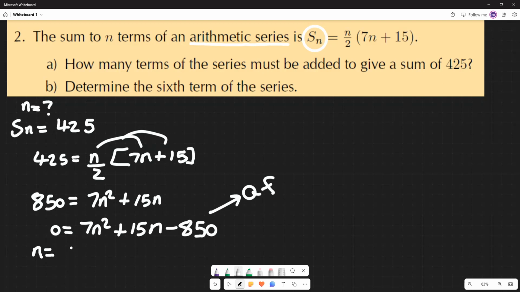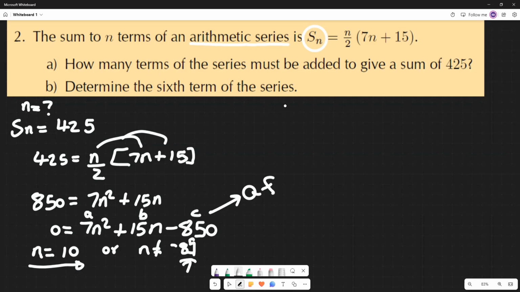So let's see, the first n value will be 10, or the second n value will be, let's see if I put a minus there, is going to not be equal to negative 85 over 7. Right. So there are 10 terms that are being added in the series. So you just used the quadratic formula, remember this is your A, that's your B, that's your C. All right, that was the solution for A.